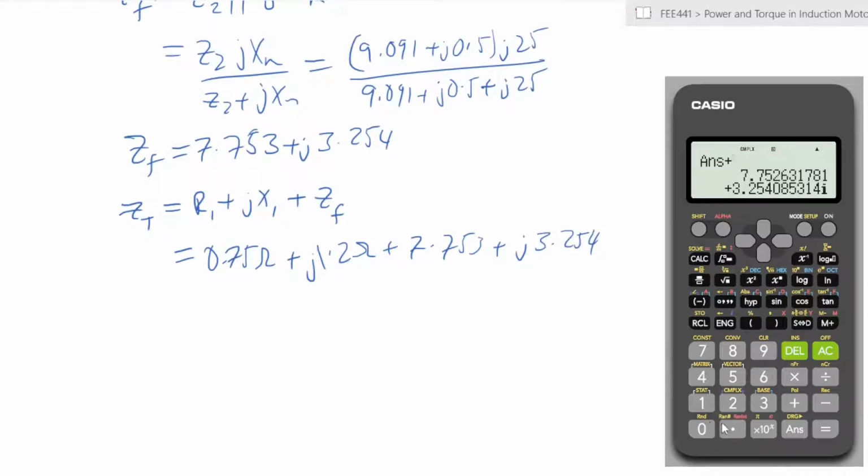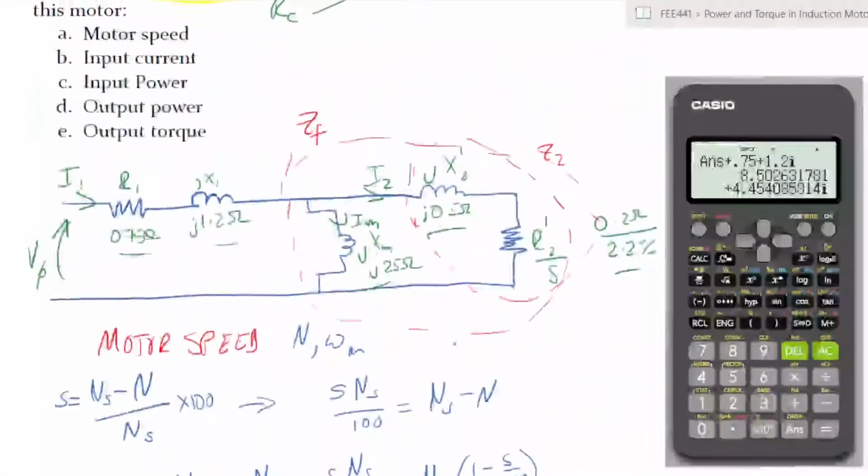So we add those to the rest, and we should be able to get the answer, which is that the total is equal to 8.503 plus j4.454 ohms. This is your total impedance of the entire motor.